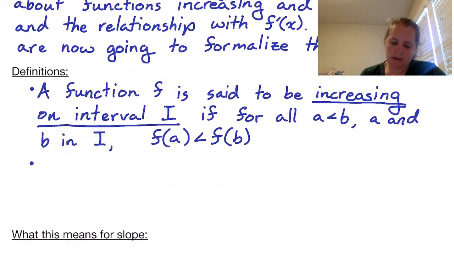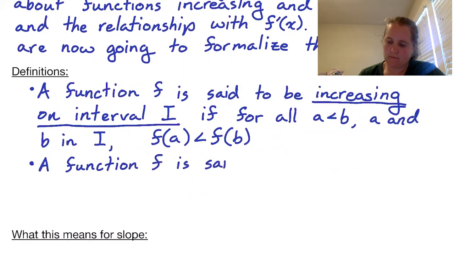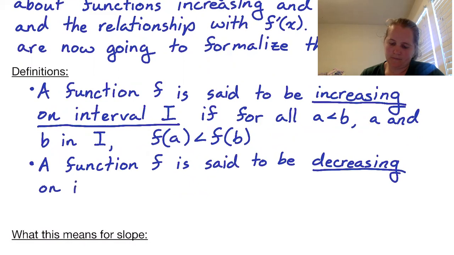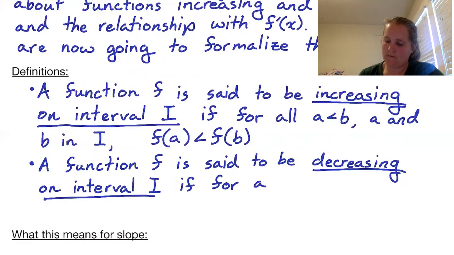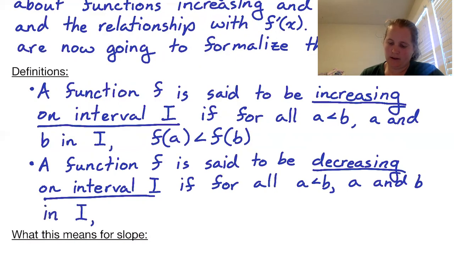A function is said to be decreasing on interval I if for all a less than b, where a and b are in I, we have that f of a is greater than f of b.